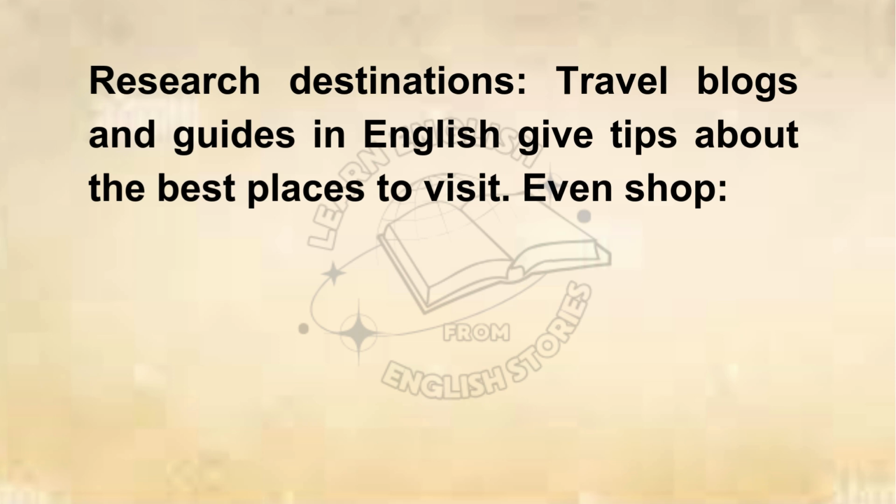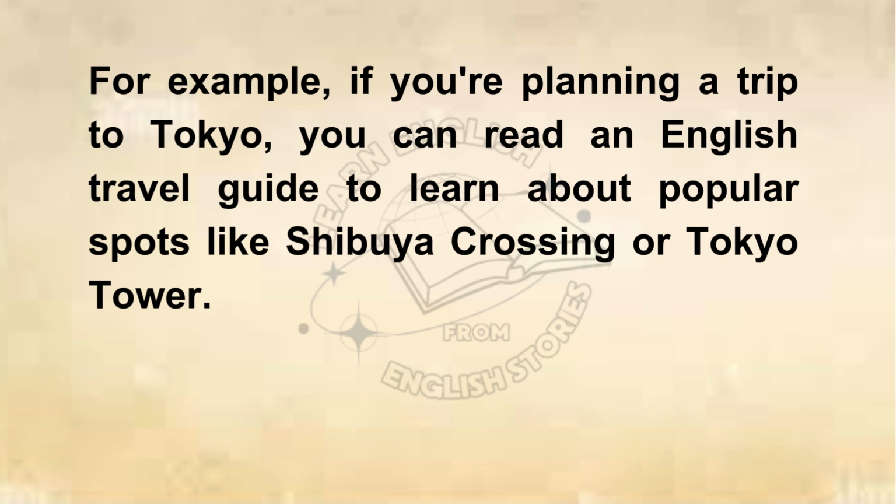Research destinations. Travel blogs and guides in English give tips about the best places to visit. For example, if you're planning a trip to Tokyo, you can read an English travel guide to learn about popular spots like Shibuya Crossing or Tokyo Tower.